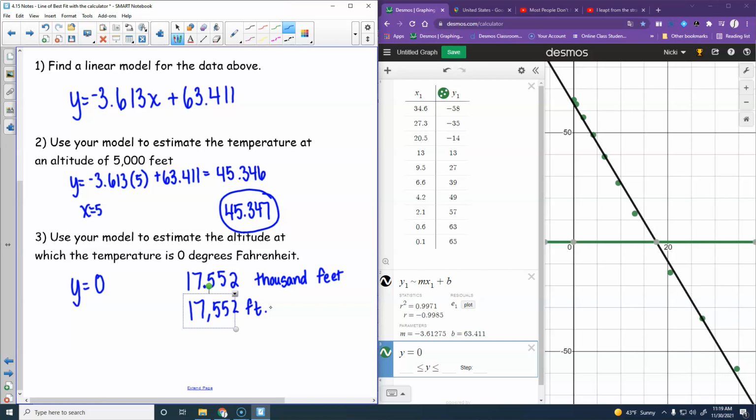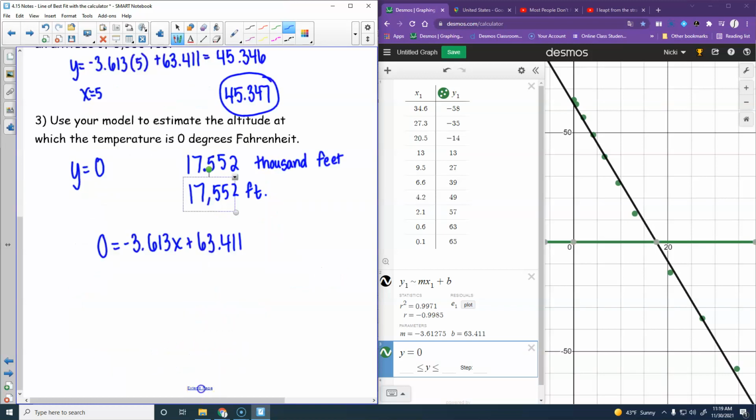To me, this is the easiest and quickest way to do this problem, but let's say that you can't remember what to type into Desmos. You could always do this by hand. Plug in 0 for your y, and then just solve that equation. You got to subtract the 63.411. Divide by negative 3.613.